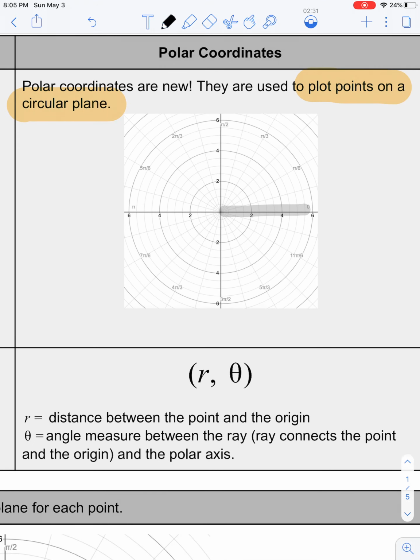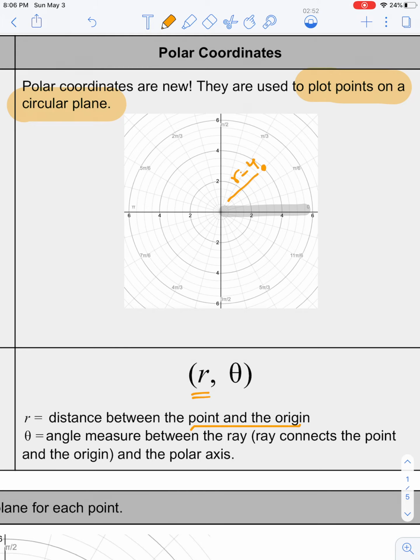Our polar coordinates are written as an ordered pair where the first component is r, and that is our radius between the point and the origin. If I plotted a point here, I could see that the radius is 4.